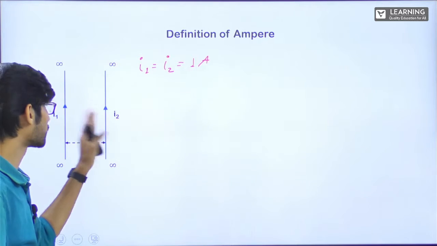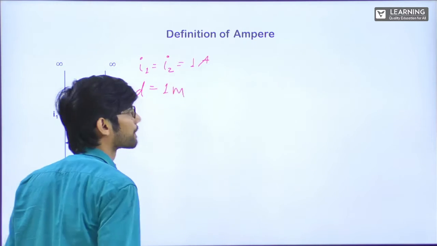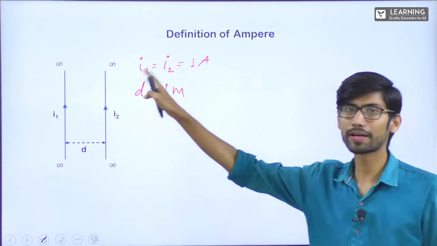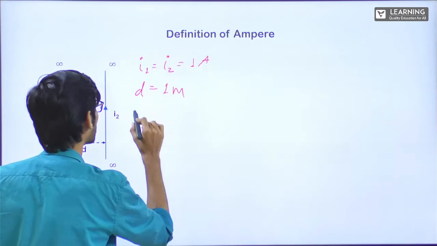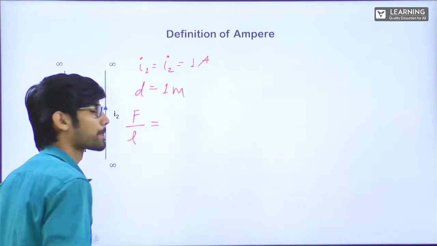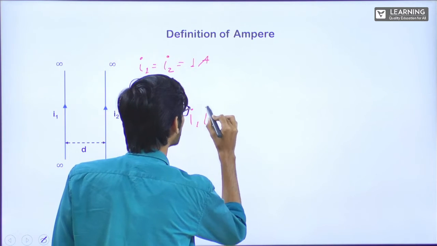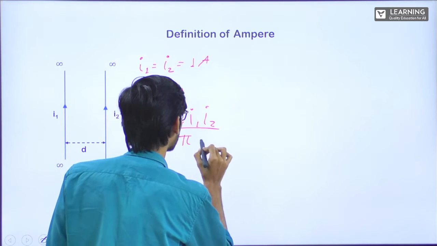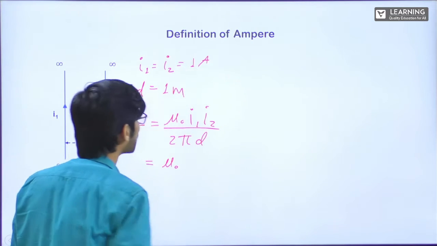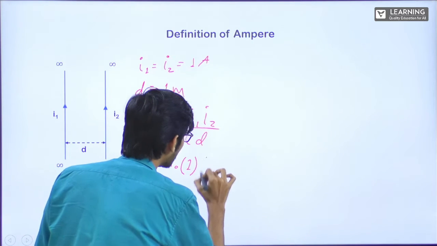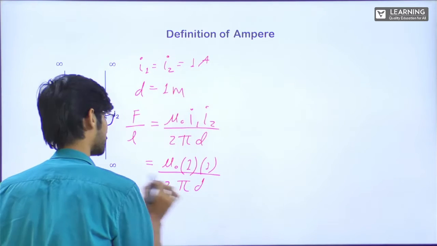If I give the current to both the wires as 1 ampere and keep them 1 meter away, now if I calculate the force per unit length, it will be mu naught I1 I2 upon 2 pi d, correct? So that is equal to mu naught times 1 ampere times 1 ampere, upon 2 pi into d, which is 1 meter.